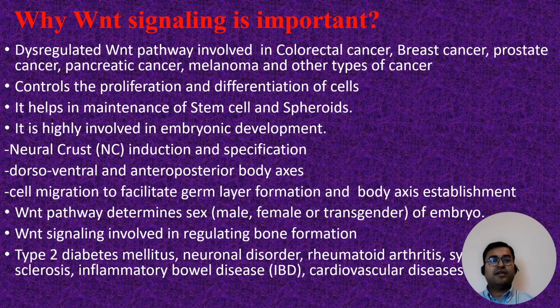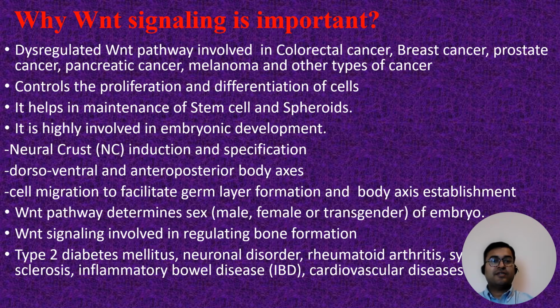Dysregulated Wnt signaling might cause colorectal cancer, it might cause breast cancer, it might be involved in prostate cancer, pancreatic cancer, melanoma, and other types of cancer. So this Wnt signaling, especially canonical Wnt signaling pathway, is very important when we talk of cancer.